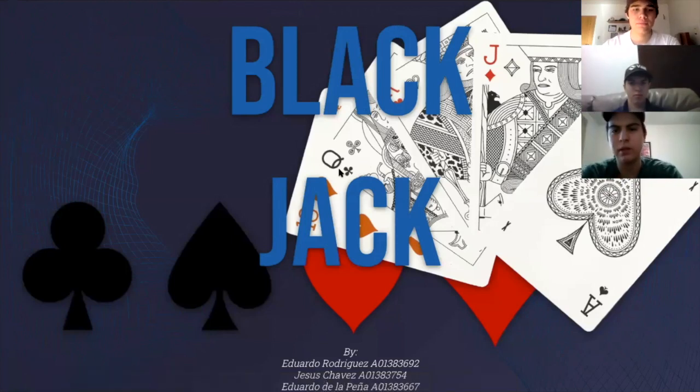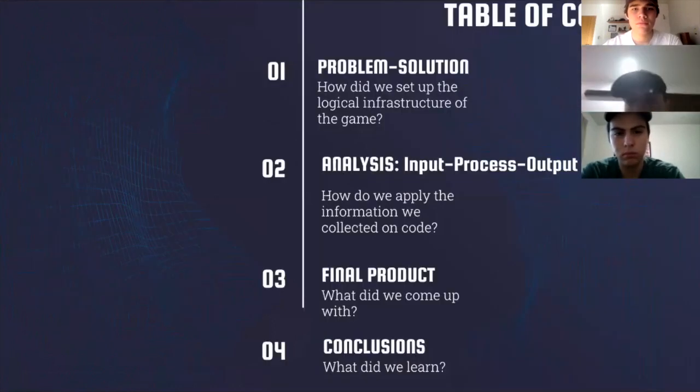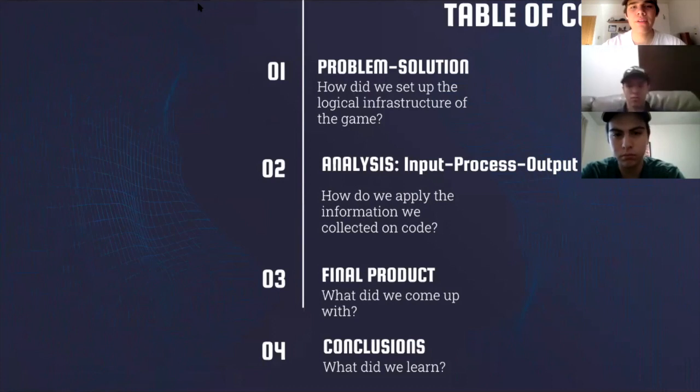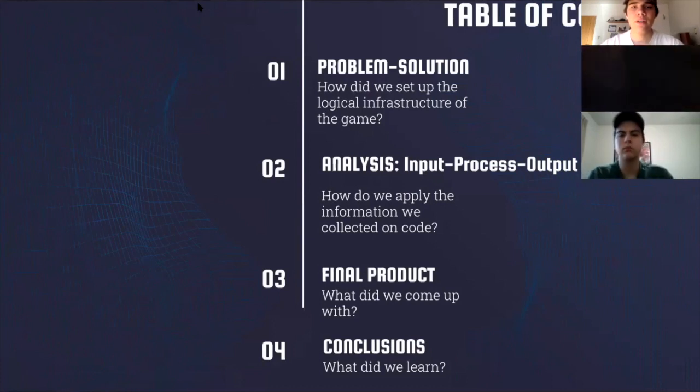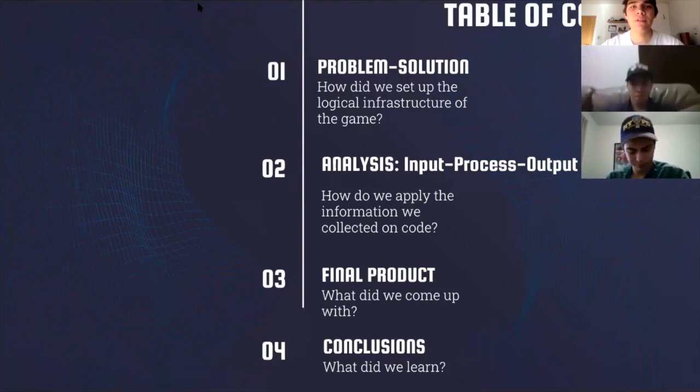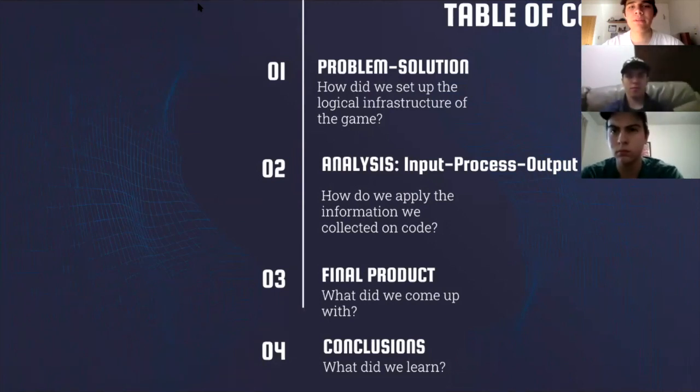My team is Blackjack, and we are going to talk to you about how we designed this game. The presentation is divided into 4 sections. The first one is the problems and solutions we faced and made during the development of the game, primarily during its initial phase.